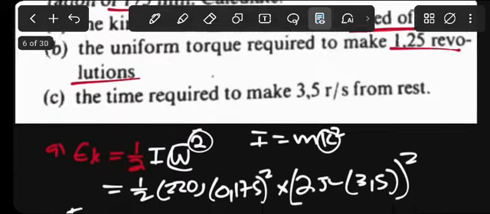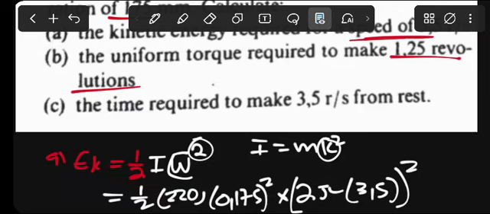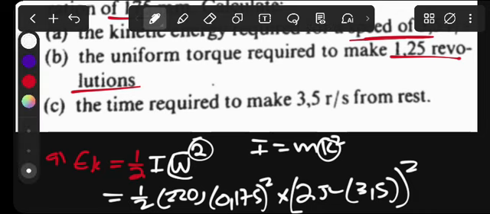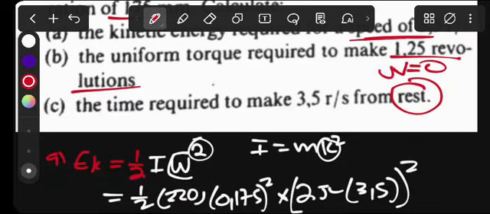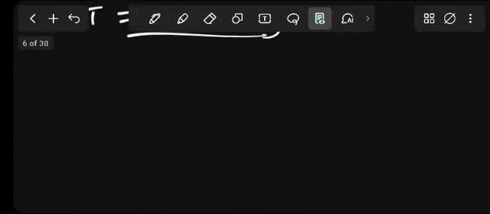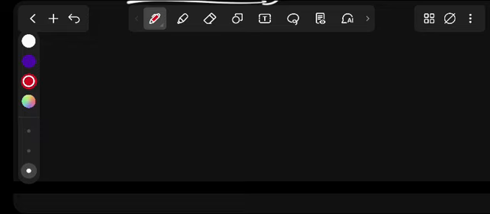All right, so what else do we have? It says the time required to make 3.5 revs per second from rest. Now this is an average, with two speeds, from rest. Initially it is 0. All right, so this is an average. We want the time.